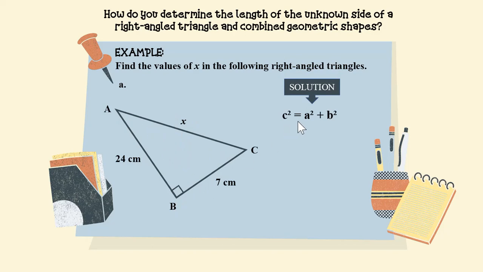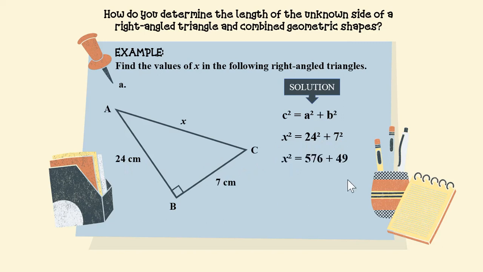Okay, so we use the Pythagoras theorem, c square equals a square plus b square. So c square is the hypotenuse, so we substitute the value of c with x, so it will become x square equals, and then you square the other sides, 24 square plus 7 square.